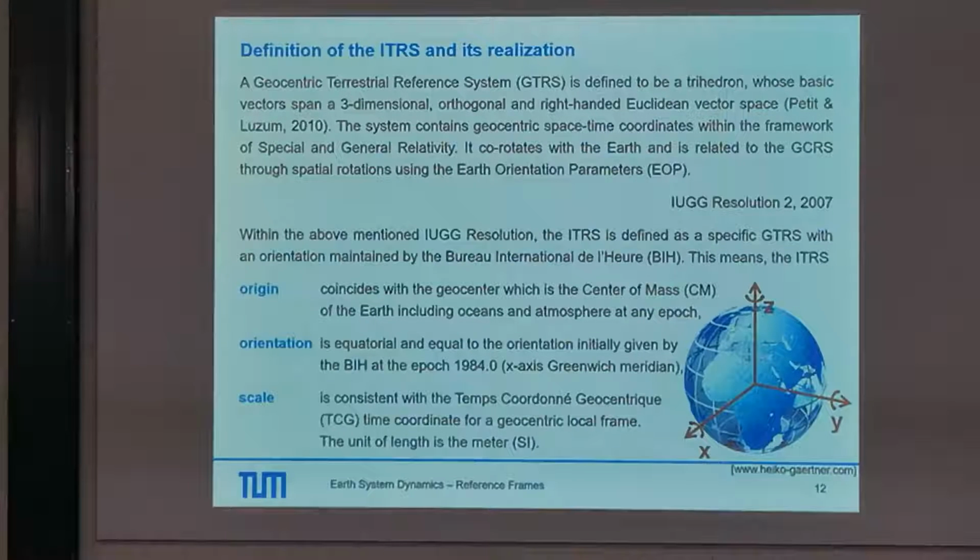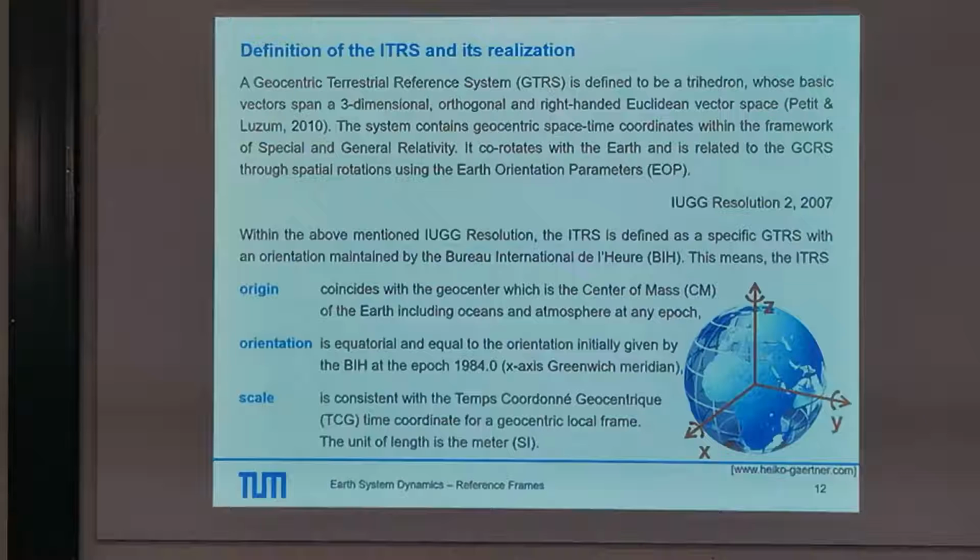Okay, and within the above-mentioned IUGG resolution, the ITRS is already defined as a specific GTRS with an orientation maintained by the Bureau International de l'Heure, BIH. This means that the ITRS origin coincides with the geocenter, which is the center of mass of the Earth, and not only of the solid Earth, but also of the fluid envelope.